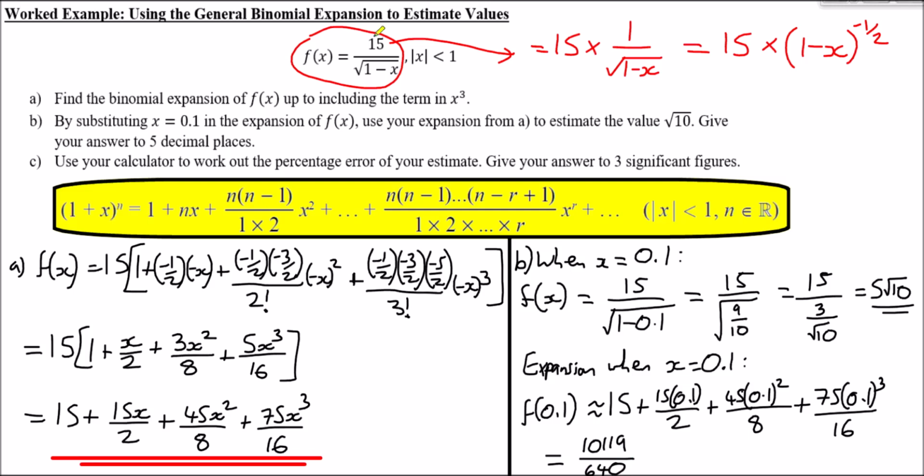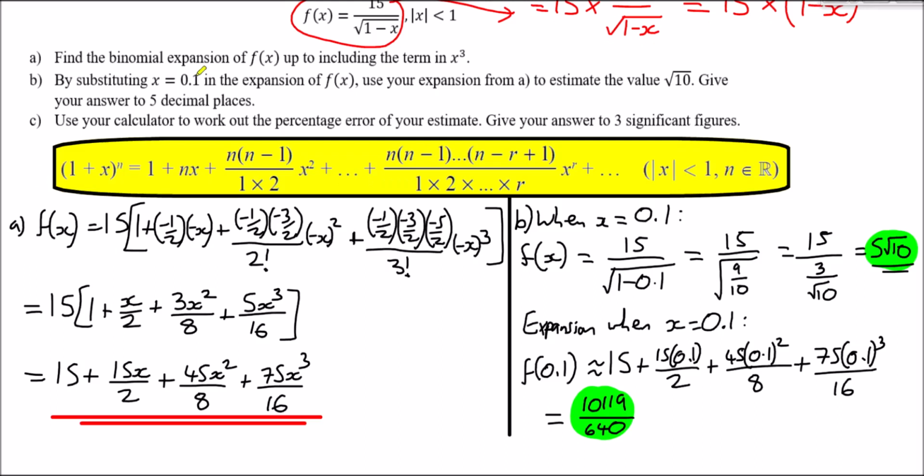So we've got that when x is 0.1, f of x should give us 5 root 10. And when we use the expansion for when x is 0.1, we get f of x is this. So therefore, we equate these two. So 5 root 10, using our expansion as the estimator, should be 10,119 all over 640.